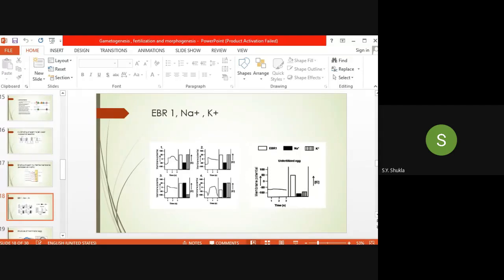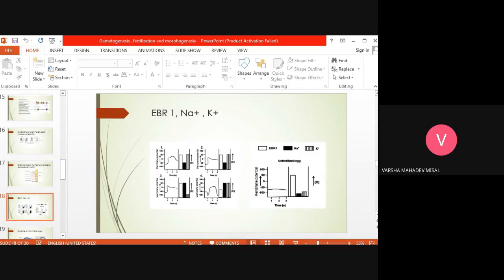What are the different events that take place in the egg receptors due to sodium ion concentration and potassium ion concentration? What is happening? Which graph shows a fertilized egg? Yes, Nikita. Varsha, can you tell me?